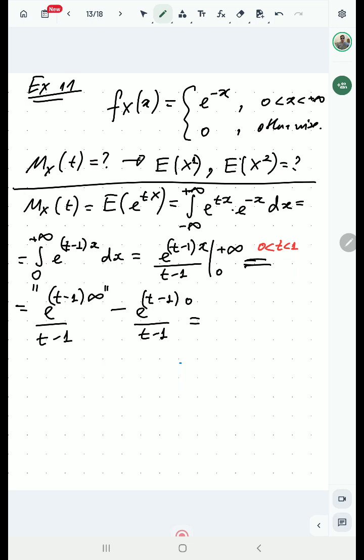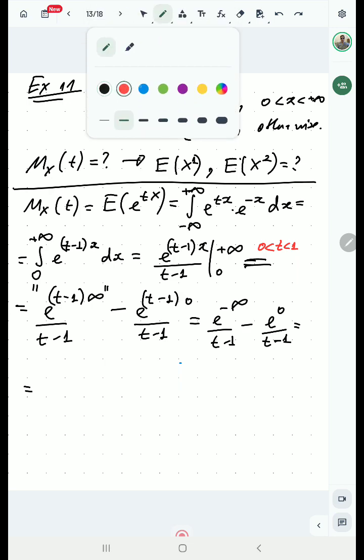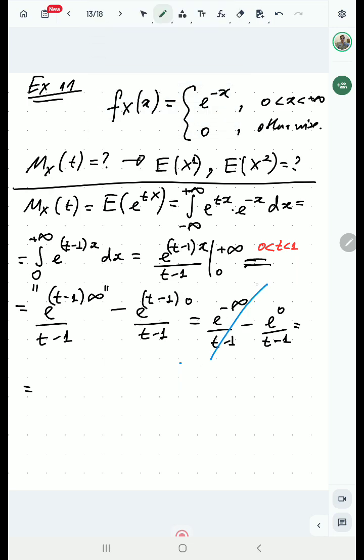So suppose t is less than 1, then you receive e to power negative infinity, right? Divide by t minus 1 minus e to power 0 divided by t minus 1. And as a result, this guy cancels out.